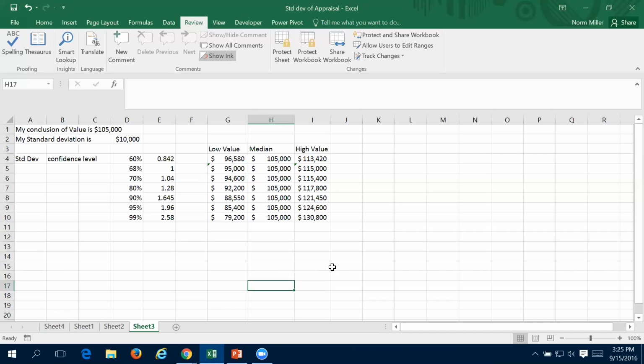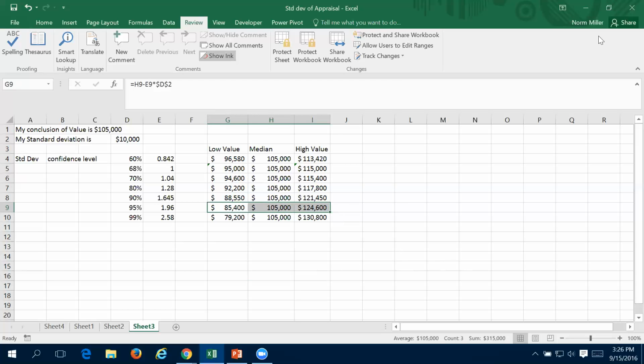In this case, if I wanted to be 68% confident that I knew what the value was, it would be somewhere between 95,000 and 115,000, and that would only be 68% of all the possible true values. If I went up to 70%, the value range expands. 80%, it expands. 90%, it expands. 95%, it's as low as 85,400 up to 124,600.